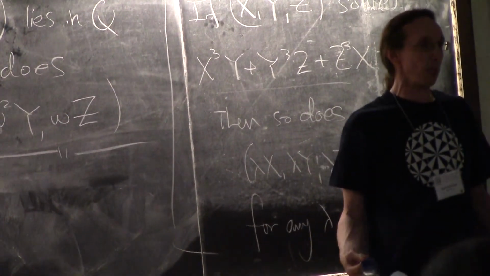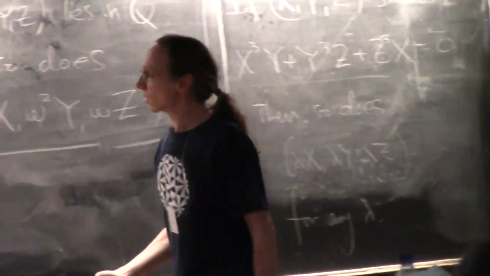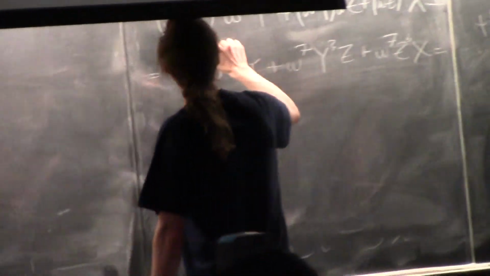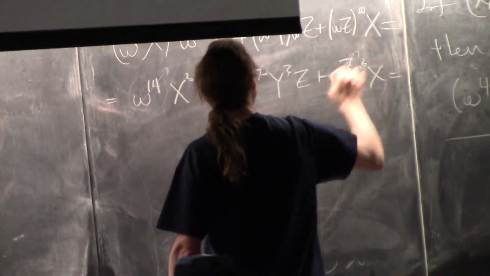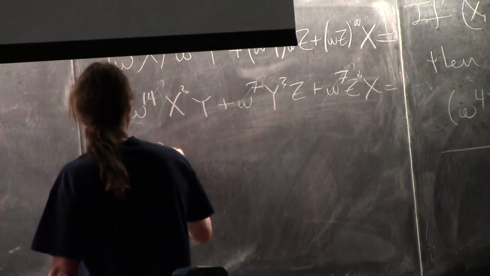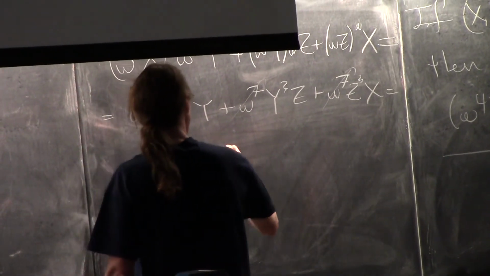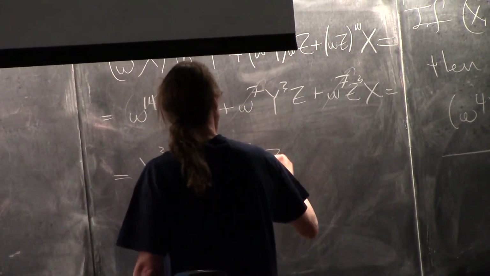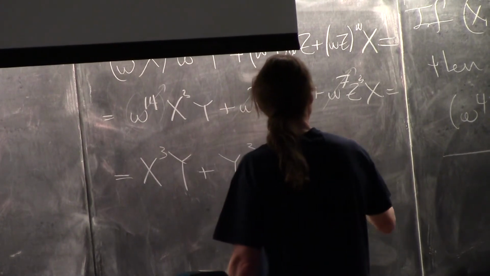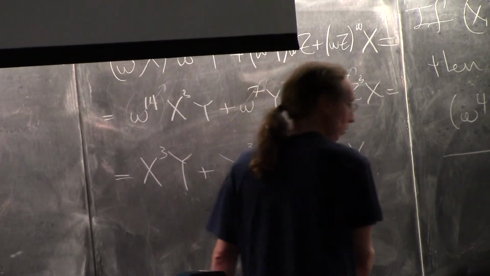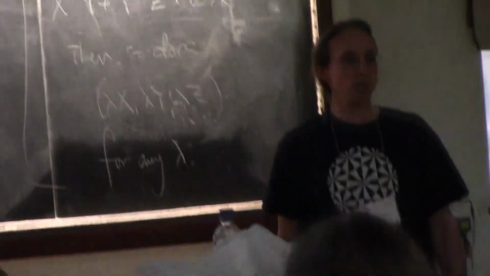It's the magical complex number which makes that happen. So these coefficients give me 1, and I get x cubed y plus y cubed z plus z cubed x. Okay? So again, if x, y, z solves the prime quartic equation, then so does this transformation.